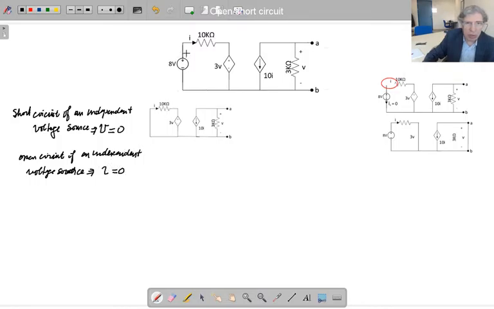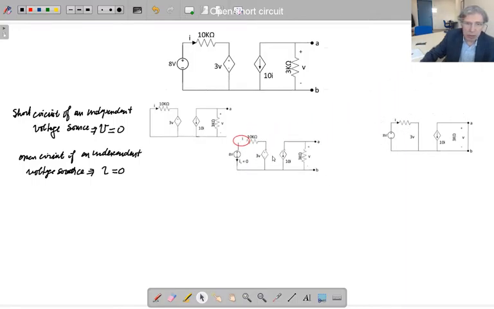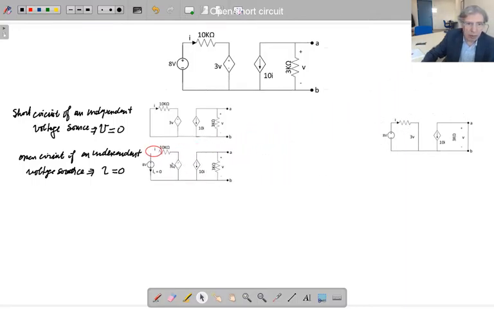So you're going to make this element's current zero. How are you going to make it? You could do it in practice like this. You're going to cut one of the connections or one of the terminals of this element. Then there's no current passing through. That means the current is equal to zero.